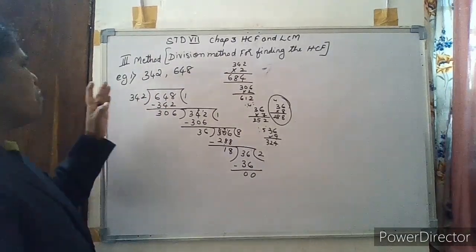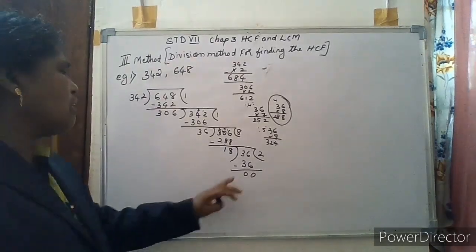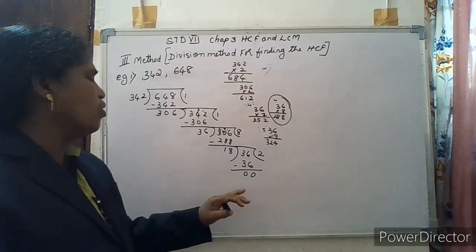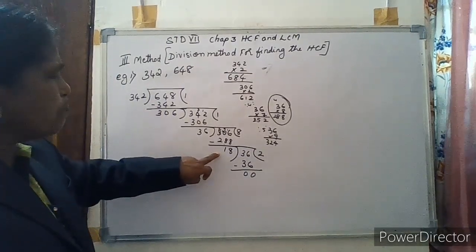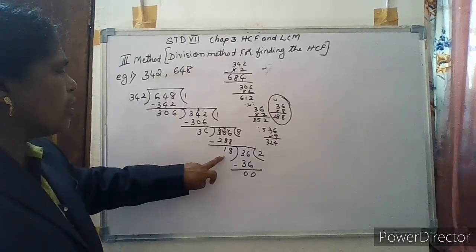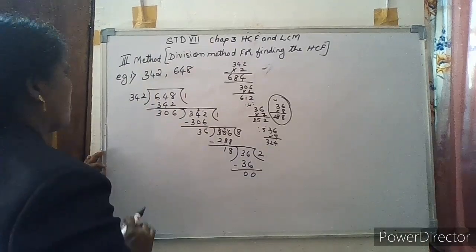So you keep on dividing in this way until you get remainder as 0. When you get at last remainder as 0, now this previous divisor, the last divisor, will be the HCF.